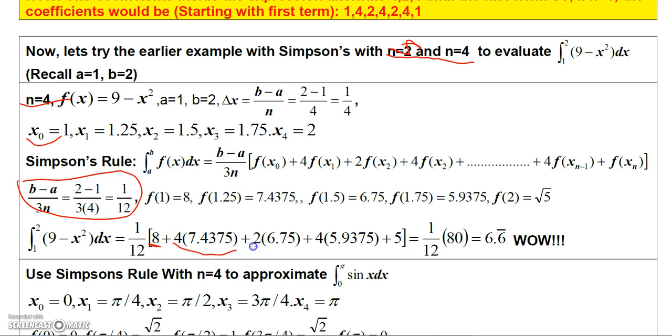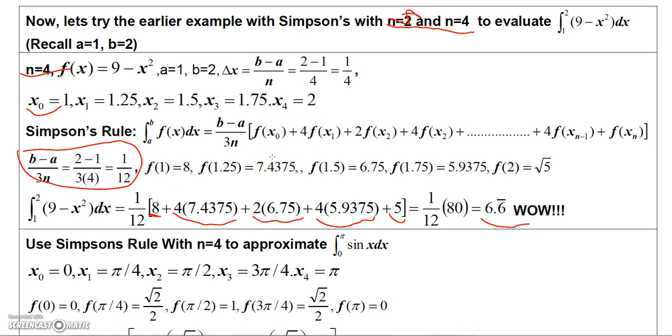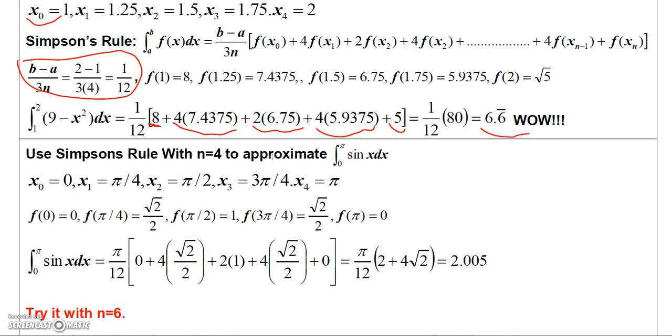And then we switch to 2 times f of 1.5, and then 4 times f of 1.75, and then you end with just f of 2. Okay, and then you add all those up and multiply by a 12th, and look, you get exactly 6 2/3. So Simpson's rule will get you there much quicker.